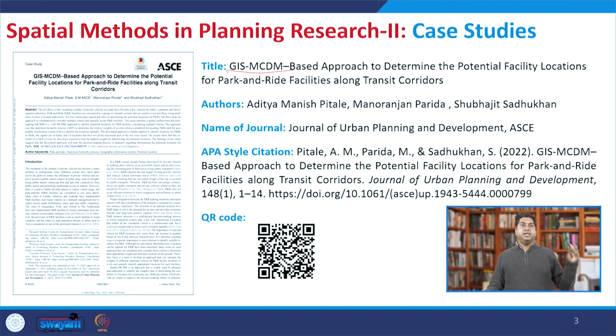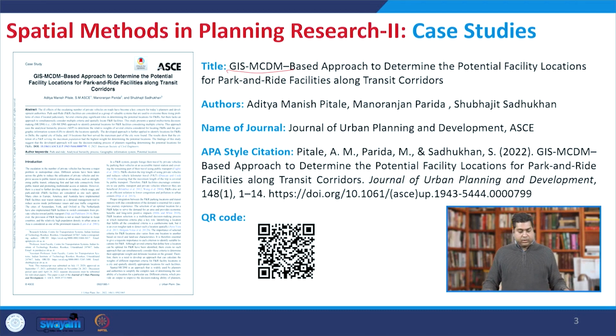In this case, GIS application is the spatial method where we quantify some of the things, and then in MCDM we have done an expert based opinion survey, which is qualitative in nature. So, it is a blend of qualitative and quantitative research.